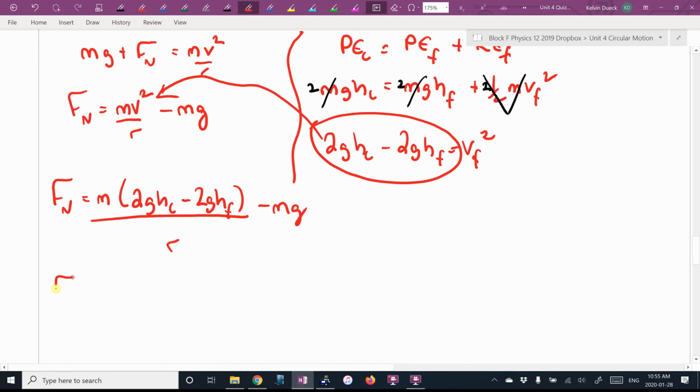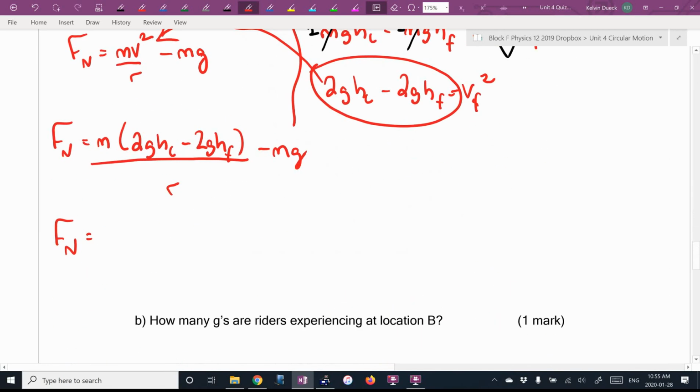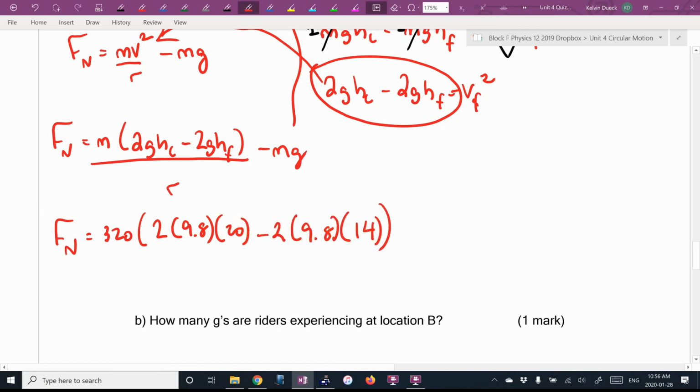Now it's plug and chug. The normal force is going to be m, 320, bracket, 2 times 9.8 times 20 minus 2 times 9.8 times 14, all over 7, minus 320 times 9.8.